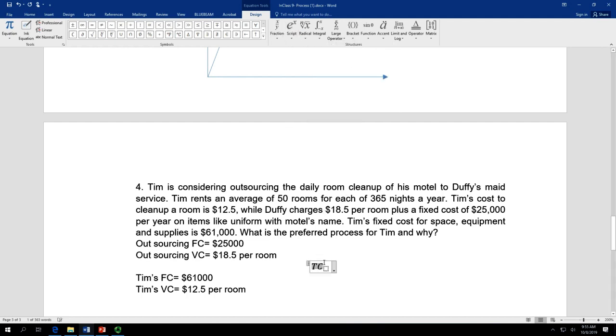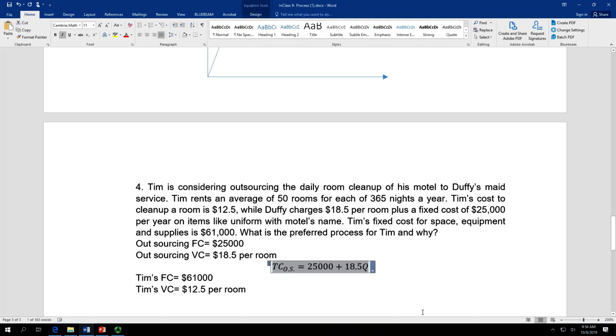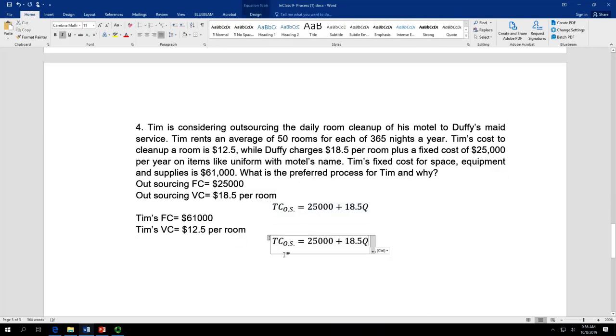For outsourcing, it equals 25,000 plus 18.5 times Q. And then for the team's total cost, it is 61,000 plus 12.5Q.